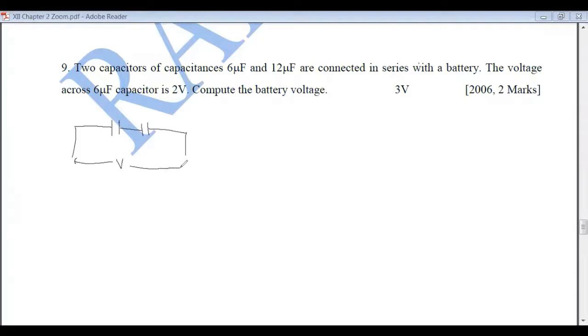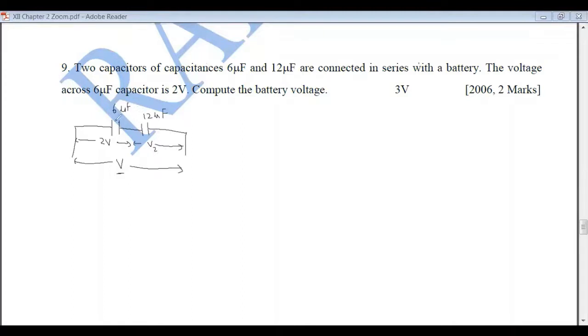Let the voltage of the battery be V volts. The potential difference across the 6 microfarad is 2 volt. Let the potential difference developed across the 12 microfarad be V2. Now you have to find the battery voltage, that is, you have to find V.